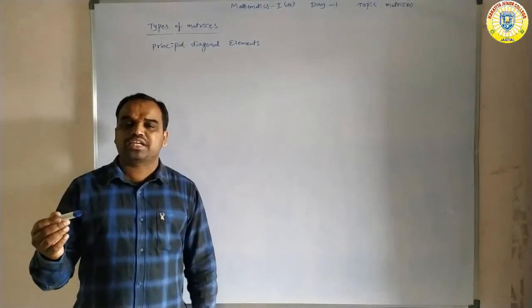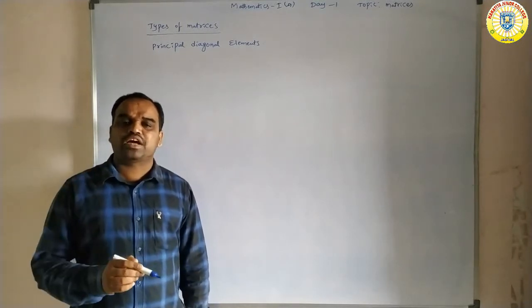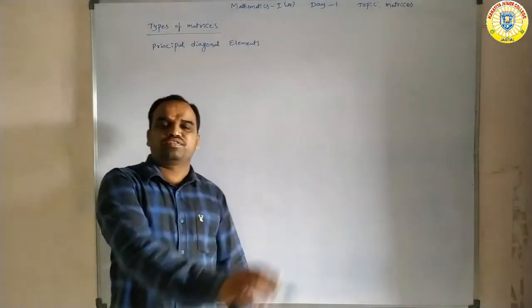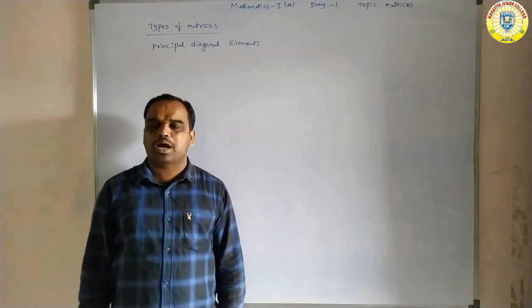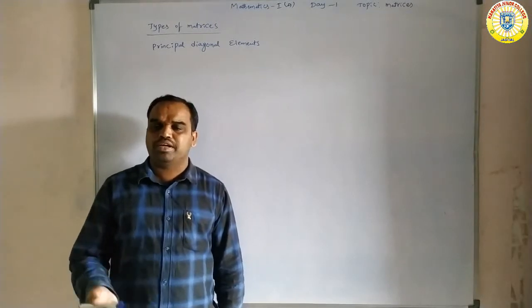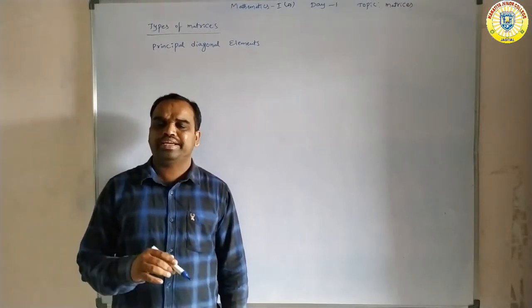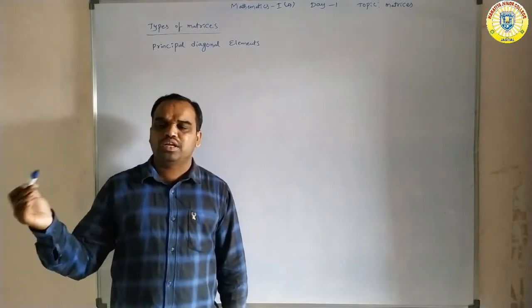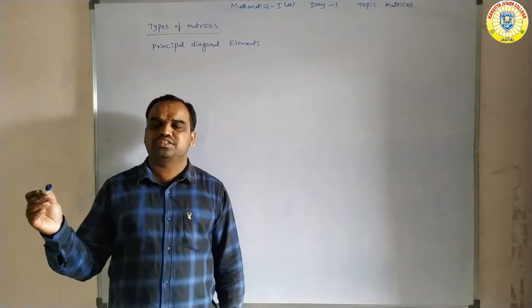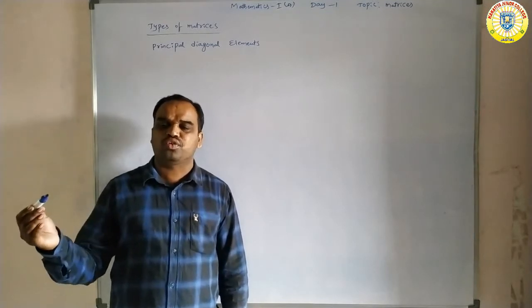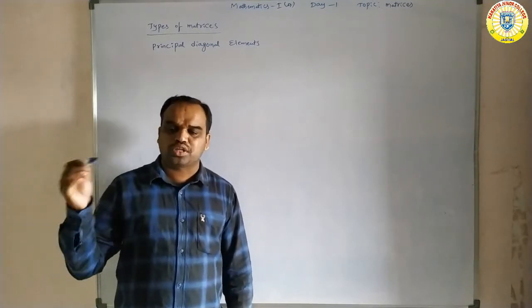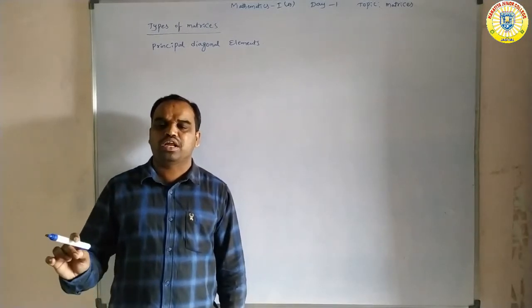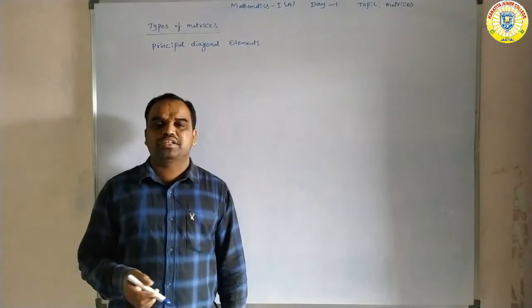The first element of the first row, second element of the second row, third element of the third row, up to the last element of the last row is called the principal diagonal elements of capital A. Again repeating: if capital A is a square matrix, then the diagonal elements of capital A are the first element of the first row, second element of the second row, to the last element of the last row, called the principal diagonal elements of A.